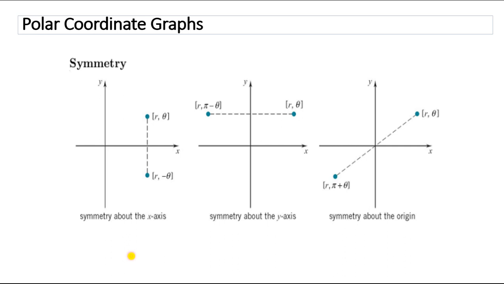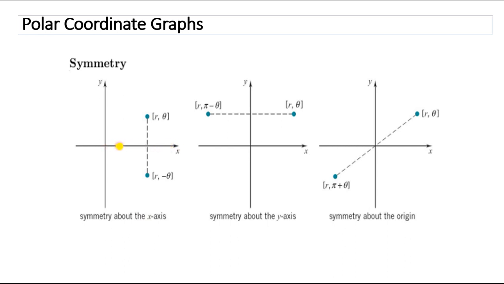Symmetry. There are 3 types of symmetry. Symmetry about the x-axis, I mean theta equals 0, or the polar axis.